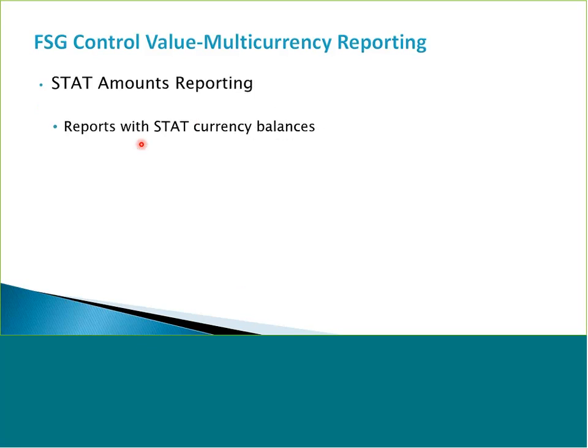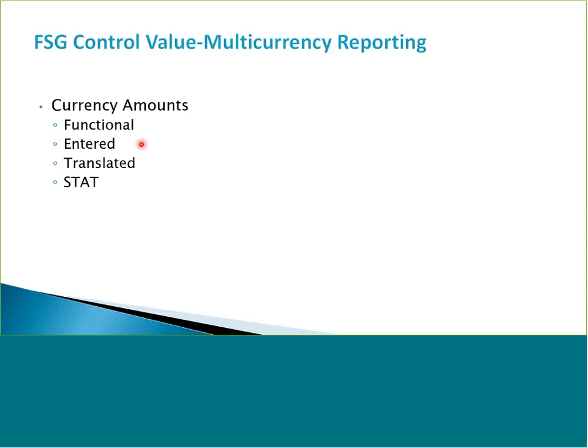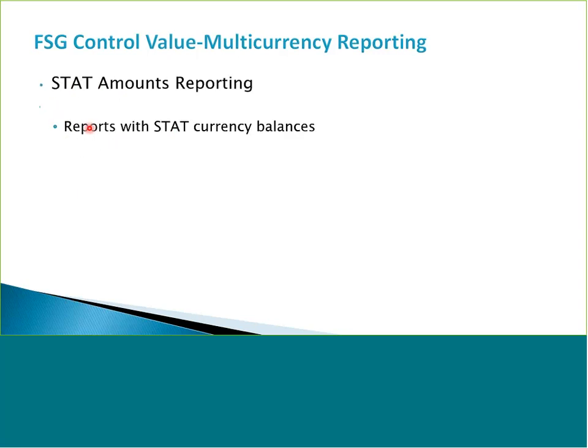So in terms of multi-currency reporting, those are the four currency amounts we can have. Technically, we already know one, the functional, and so the new ones that we are learning are the entered amounts, the translated amounts, and the stat amounts.